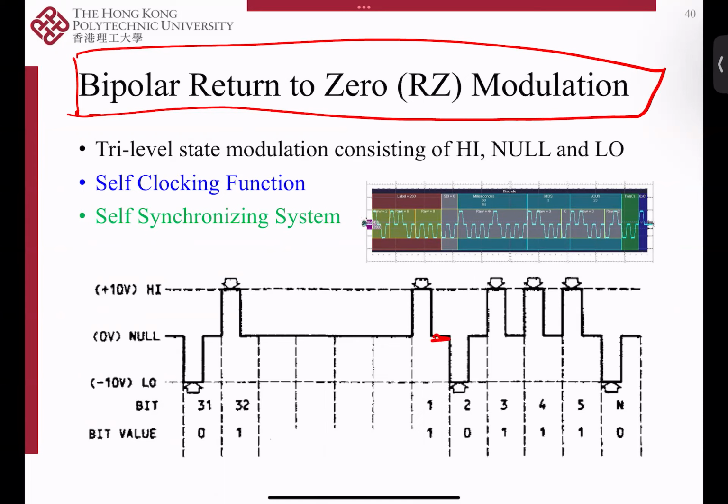If you are representing 0, which is related to minus 10 volts, it will go down to minus 10 volts for a certain period, but it will eventually go back to 0, no matter what happens. For another kind of signal, for example, if you want to indicate 1, the voltage increases to positive 10 to show that you are transmitting 1, but in the end it will go back to 0 eventually. For the other type, null, it will always keep at 0 voltage. That's how the data is collected.